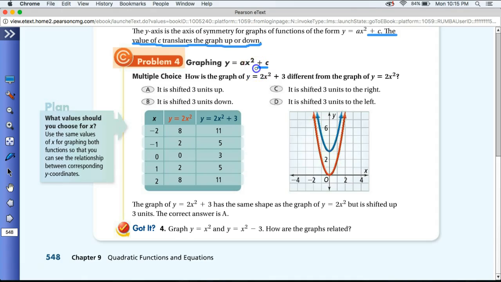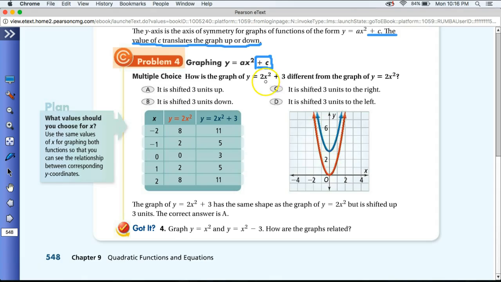This is essentially the equivalent of a y-intercept of a linear equation. It's going to dictate where the parabola crosses the y-axis. We're not going to worry about moving things left or right just right this second. All we're worried about is moving it up or down. And again, the parabola is going to do what it is told.